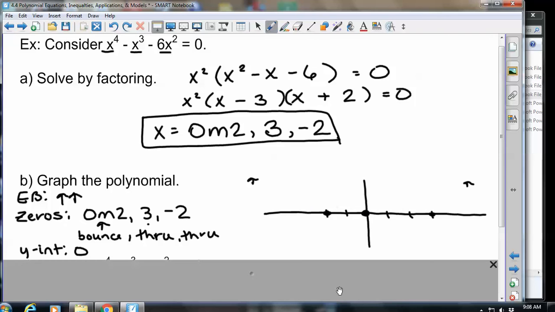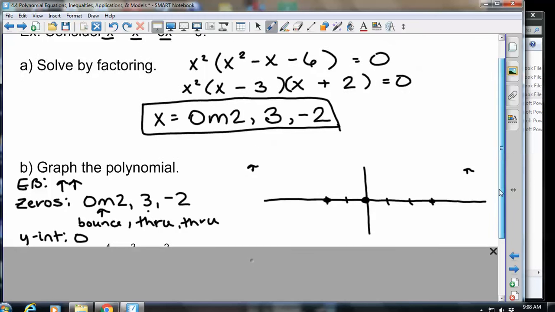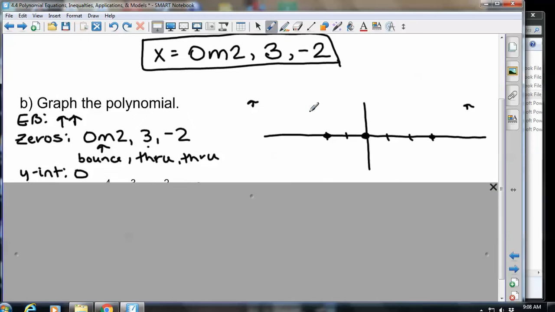Should start up here and end up here. My y-intercept is also 0, so we've got that. So we're going to come down, at negative 2 we go through, 0 we bounce, 3 we go through.